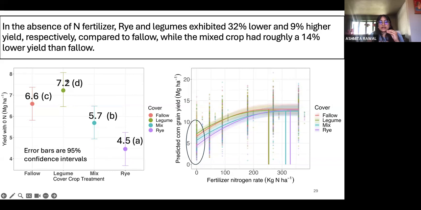And still legume had higher yield than fallow, whereas rye and mixture were lower than fallow. And when we look at that in percentage, rye exhibited around 32% lower yield than fallow at zero nitrogen, whereas mixture was 14% lower than fallow, and legume was 9% higher than fallow.